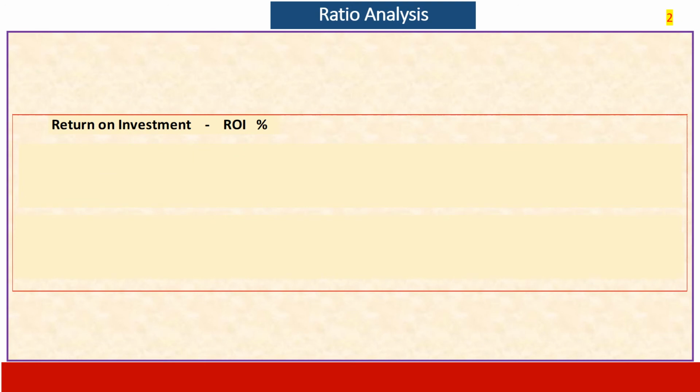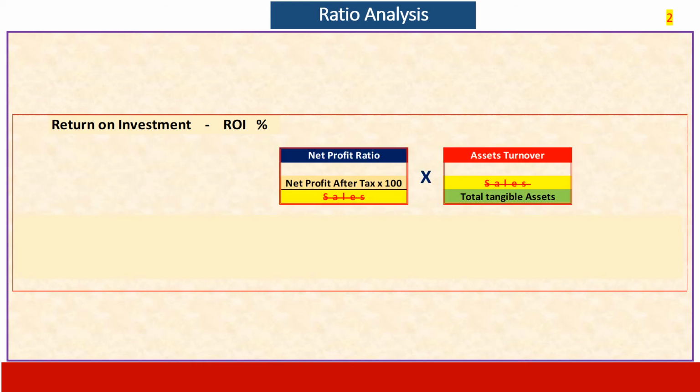We have gone through what is indicated in part A of ratio analysis simple solution series, and now we understand the meaning of return on investment and how to calculate it. Just to put it straight away, it is a product of net profit ratio into assets turnover. Net profit ratio is net profit after tax into 100 divided by sales, and sales divided by tangible assets or capital employed is assets turnover.